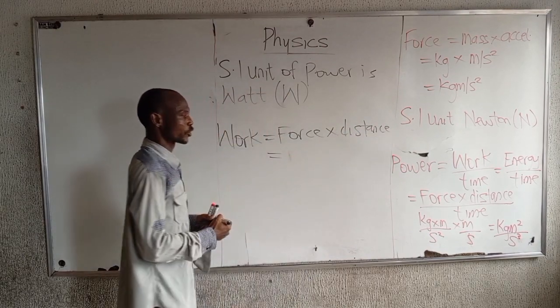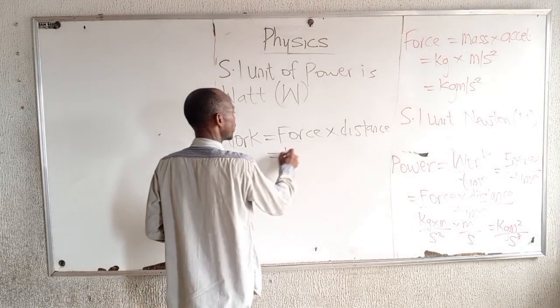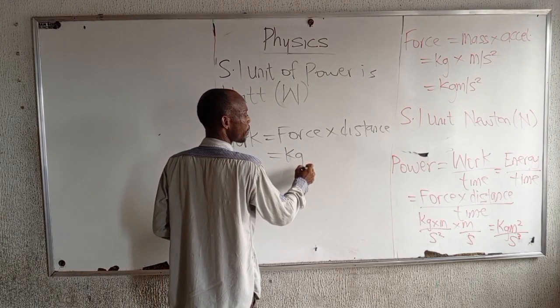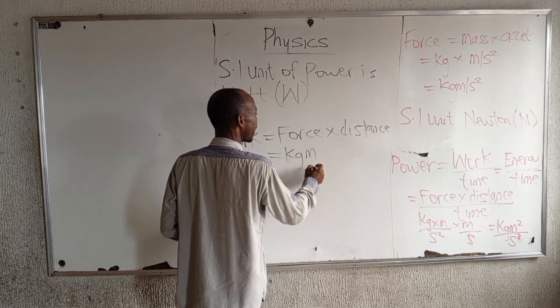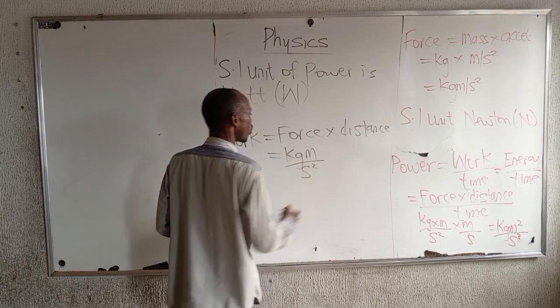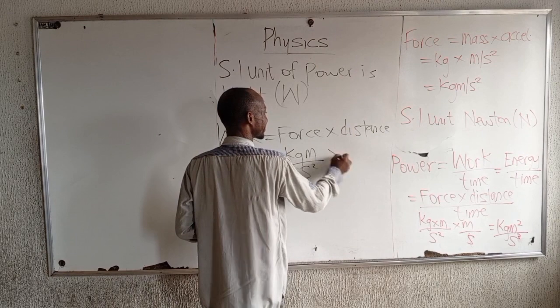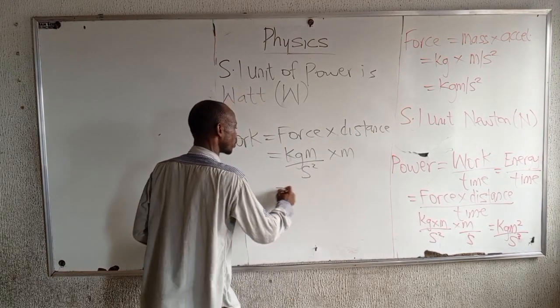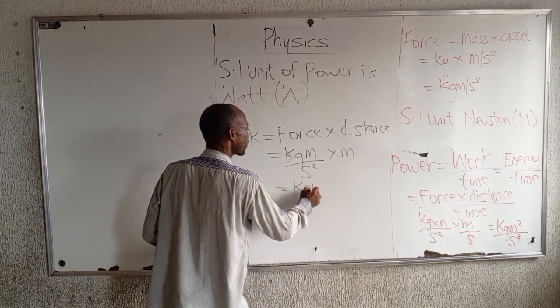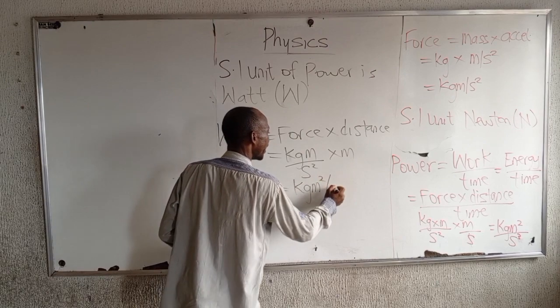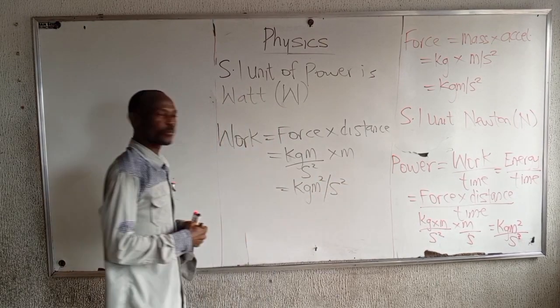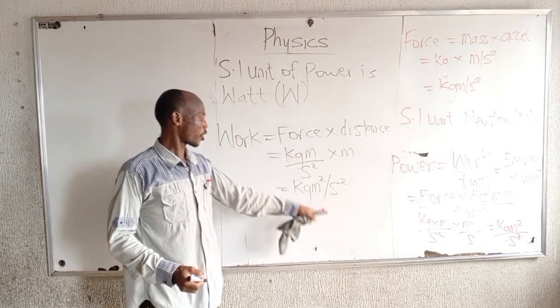And our force is given as what? Kilogram meter per second squared. Then times distance, which is our length, meters. So what do we have? Kilogram meter squared per second squared. This is our work.